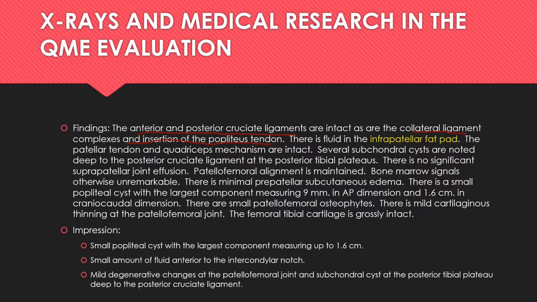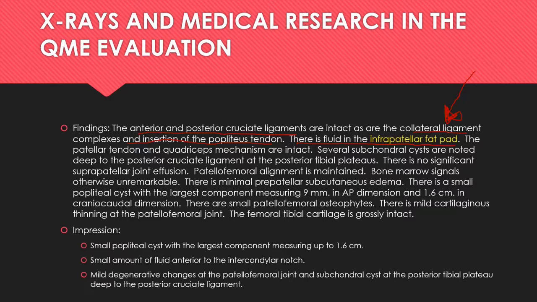There is fluid in the infrapatellar fat pad. This is also known as Hoffa's fat pad. This is going to become significant later on, and this here is a telltale MRI finding for another condition of the knee, which is going to be relevant to the opinions and conclusions of this particular report.